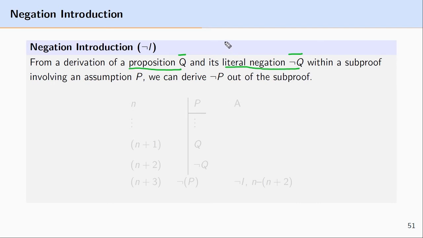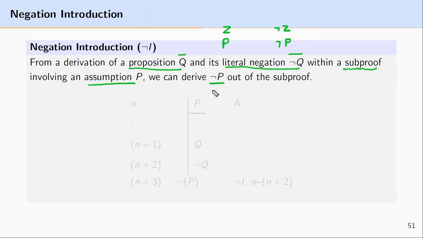So for example, you could reason to P and not P instead, or Z and not Z instead. So from a derivation of Q and not Q within a subproof that involves an assumption P, we can derive not P from the subproof.